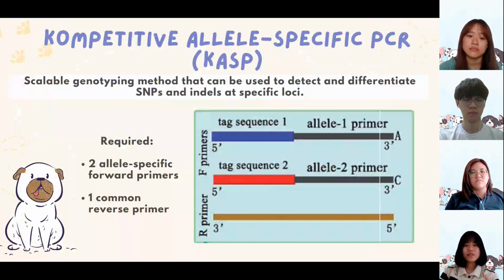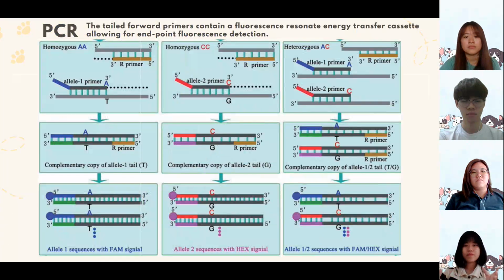KASP is a scalable genotyping method that can be used to detect and differentiate SNPs and indels at specific loci. It requires two allele-specific forward primers that can competitively bind at the loci of interest and a common reverse primer. Then three groups of PCR will be done, using one primer for each and also both primers simultaneously.